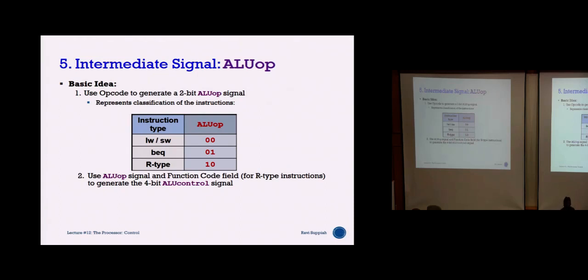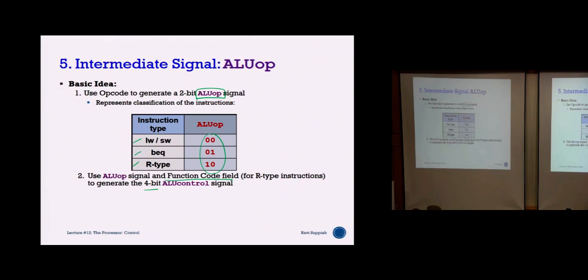The first step is to generate a 2-bit signal known as ALU op, and the main purpose of this ALU op is to differentiate between 3 types of instructions: your memory access instructions, which are load word and store word, your branch instruction, and your R-type instruction. Using these 2 bits, I combine with my function field to generate the 4 bits.